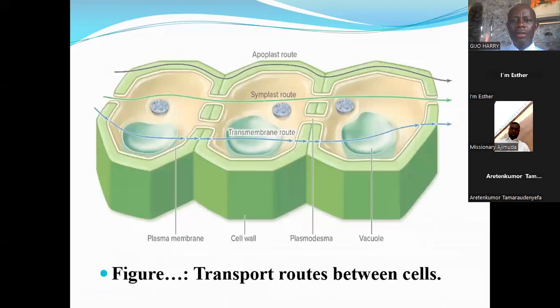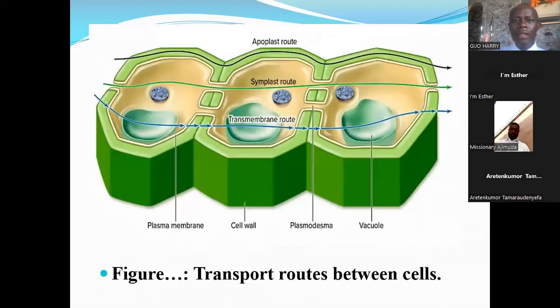Now, here is a picture that shows the transport routes of water from the root hairs to the vascular tissues. Here's a figure that shows how water moves in the cell.